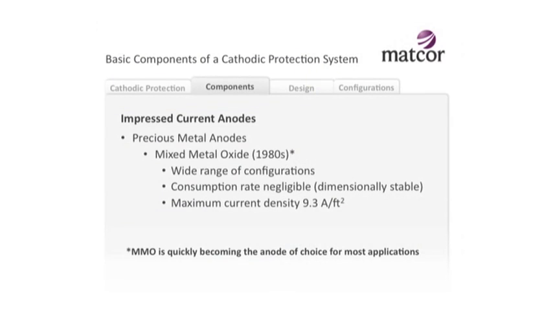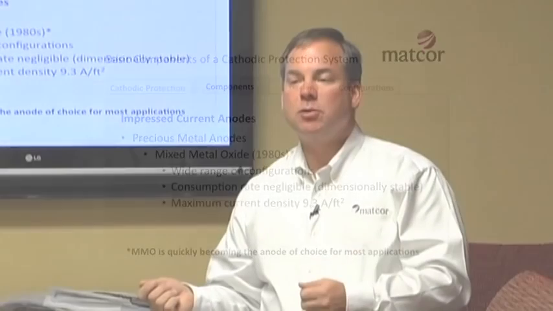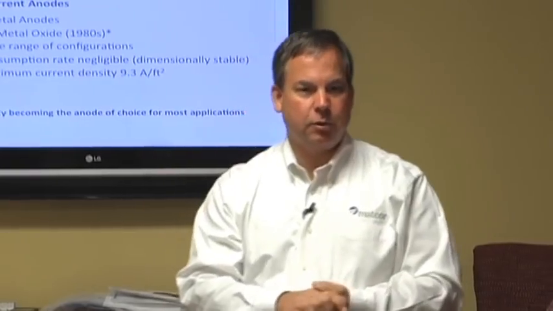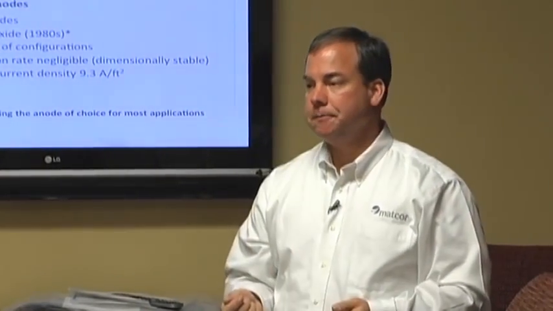And then we started with the mixed metal oxide anodes, a wide range of configurations, and these have almost no consumption rate. And actually, mixed metal oxide anodes are a unique beast, and that's what MatCore does now. All of the anodes that we produce, with the exception of some of the platinum anodes we produce, are mixed metal oxide-based anodes.